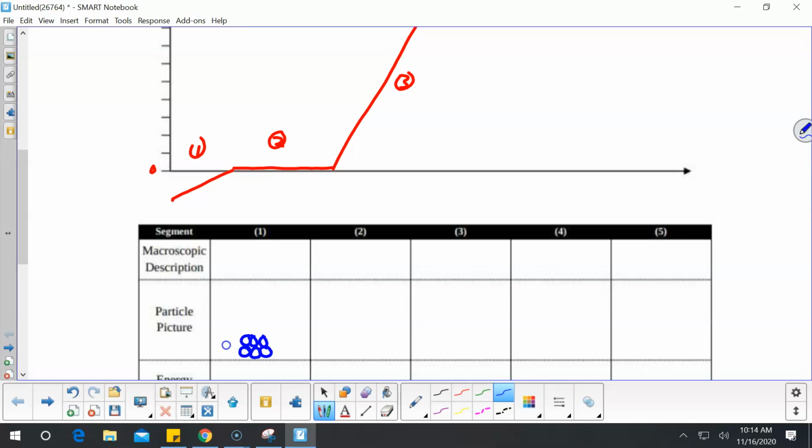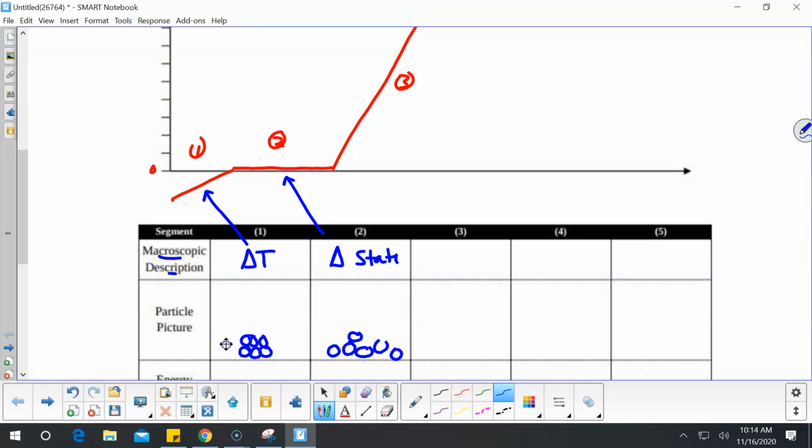If I went to a macroscopic description, isn't there a change in temp for that first segment? You can see that there's a slope on the line. Now, for segment 2, I have a change in state. This is where melting is happening. So this is going to start to flow, and some of it's going to be melting.